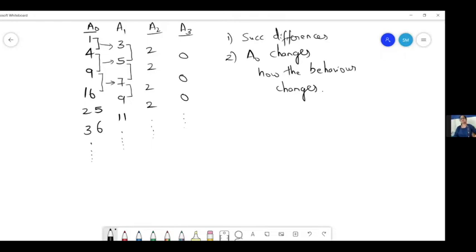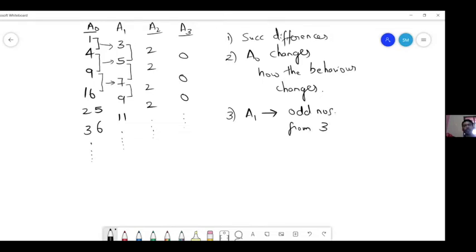Getting an odd number sequence, is it particular to this square number sequence, or is it true for any other? I mean, it won't be true because from A1 we are getting A2, so naturally not. A1 happens to be a sequence of odd numbers, at least from 3 onwards.